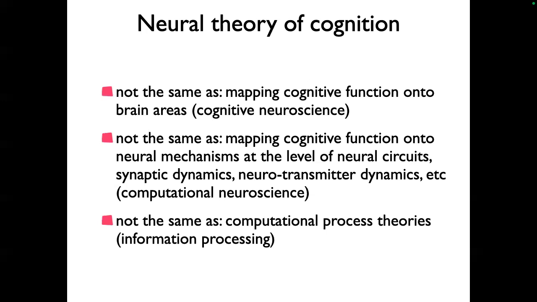For us, that's not yet a neural process account. It doesn't say how that's done. And if you have a neural process account, it is also not needed to say how it is done in the brain; that is a separate question. And this is actually not a trivial relationship. There are phenomena where multiple different neural implementations of a certain function are available, and depending on context, you will do it in different ways.